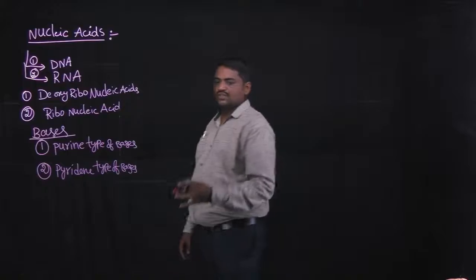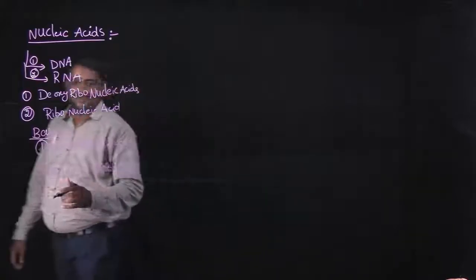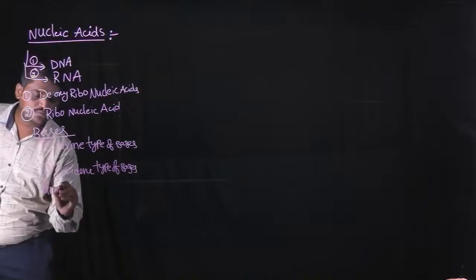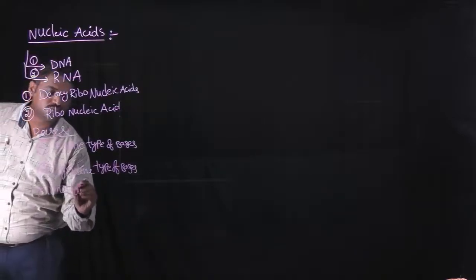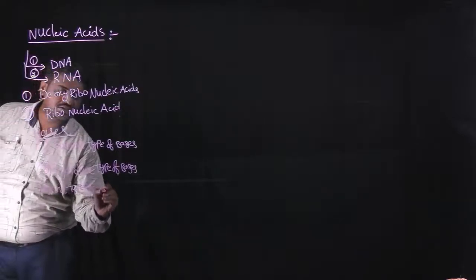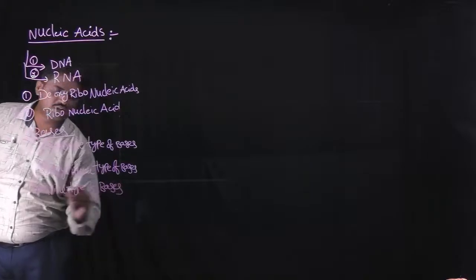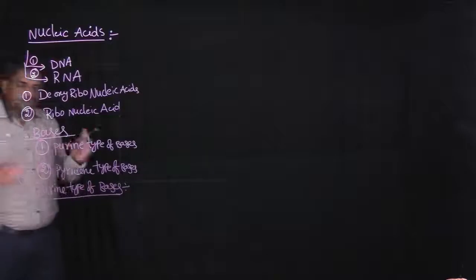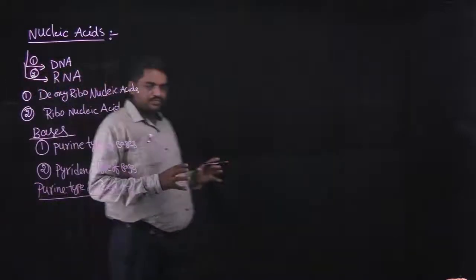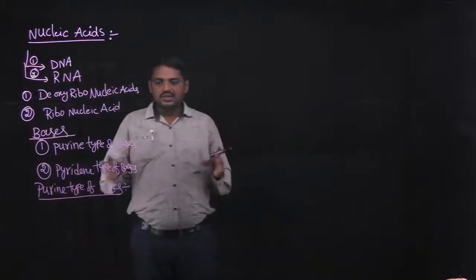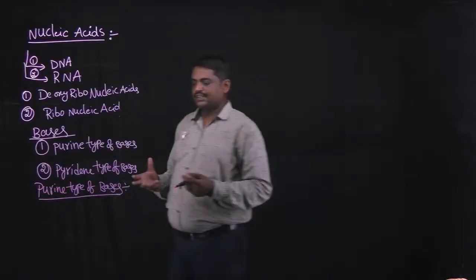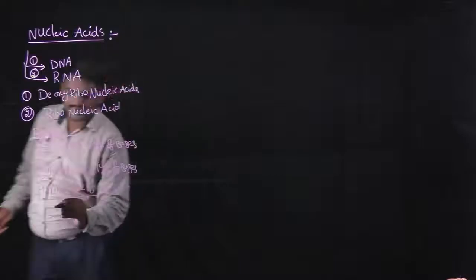First, I am going to discuss purine type of bases. Some examples of purine type of bases: first one, adenine.